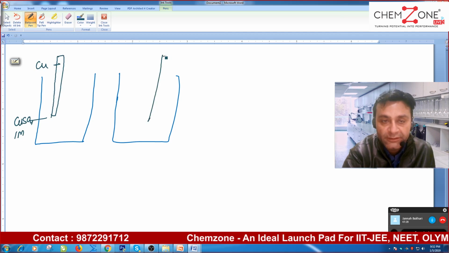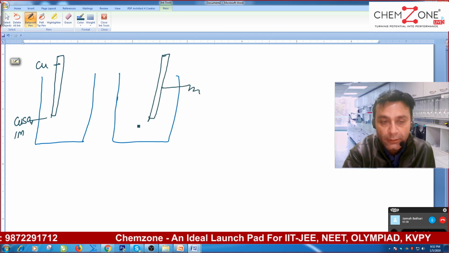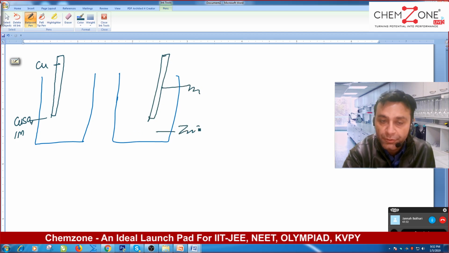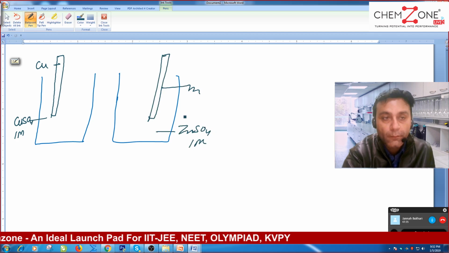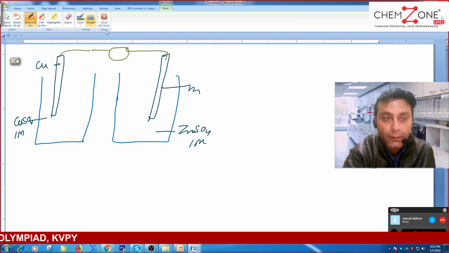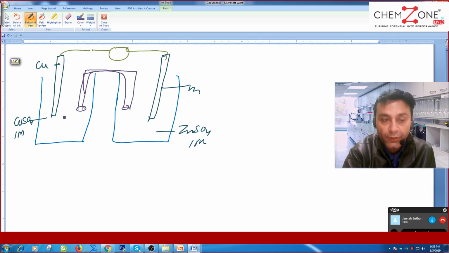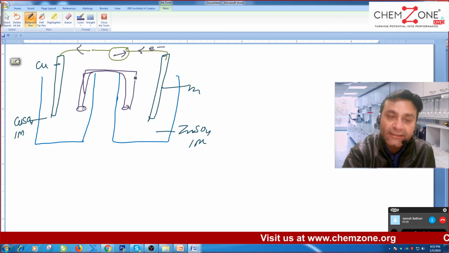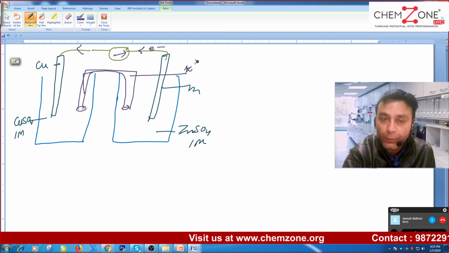Here I have a zinc rod dipped in the zinc sulfate solution, connecting it with the voltmeter. And here is the salt bridge. Here I have electrons moving from here to here, deflection towards the zinc, and inside the bridge, let it be, I have filled the potassium ions and the chloride ions.